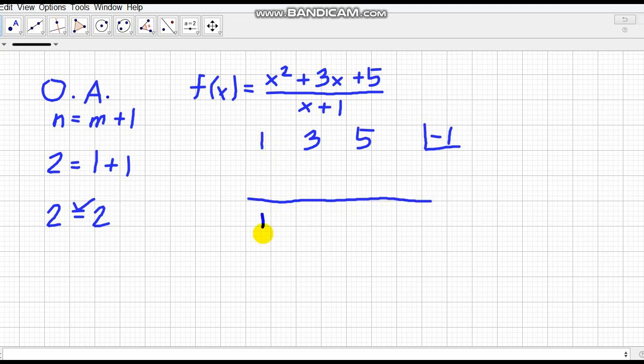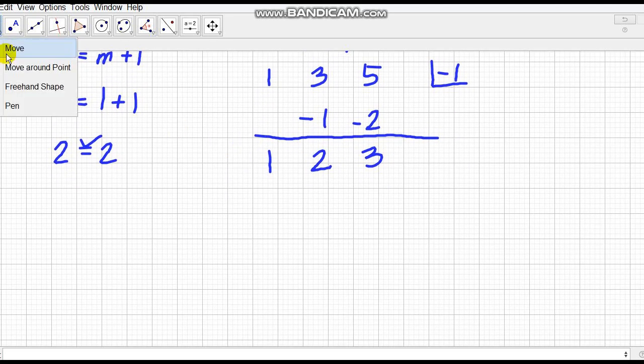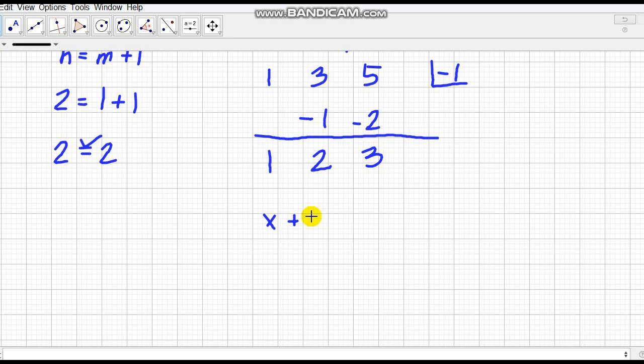So bring down 1. 1 times negative 1, that is negative 1. 3 plus negative 1 is 2. 2 times negative 1, that's negative 2. 5 plus negative 2 is 3. So we have 1, 2, and 3, which corresponds to x plus 2 plus 3 over x plus 1.